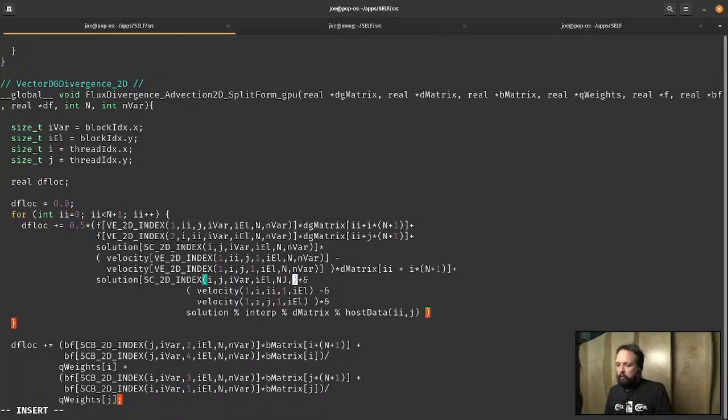And var. Okay. That looks good. Get rid of these line continuation parameters. Don't need those. So this guy, the D matrix, is II plus j times n plus 1.